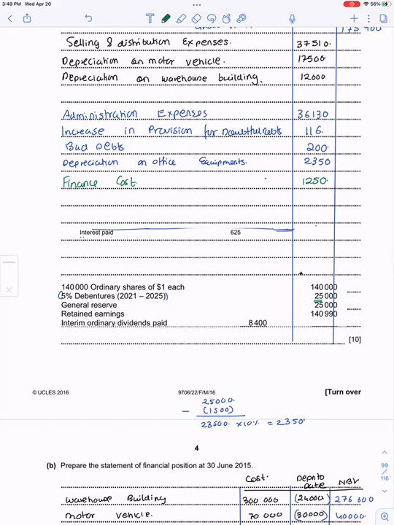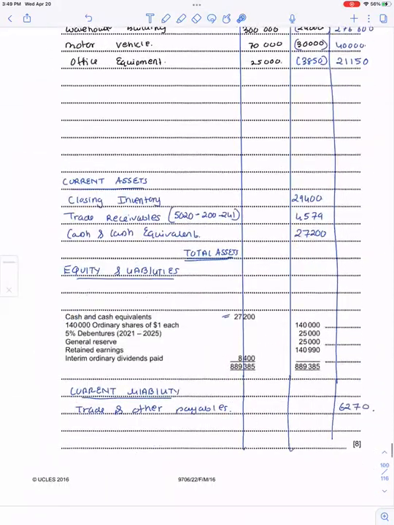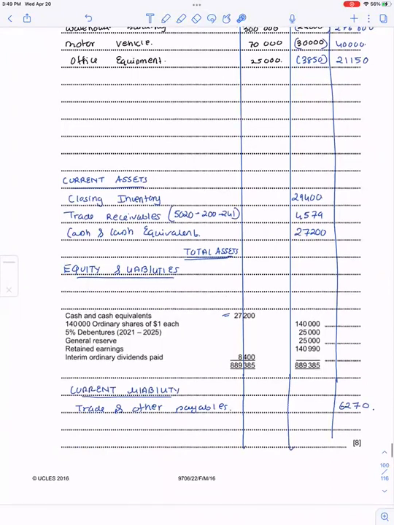But interest paid is only 625. Finance cost is 1250. Interest paid is only 625. What does this mean? 625 is still payable interest.